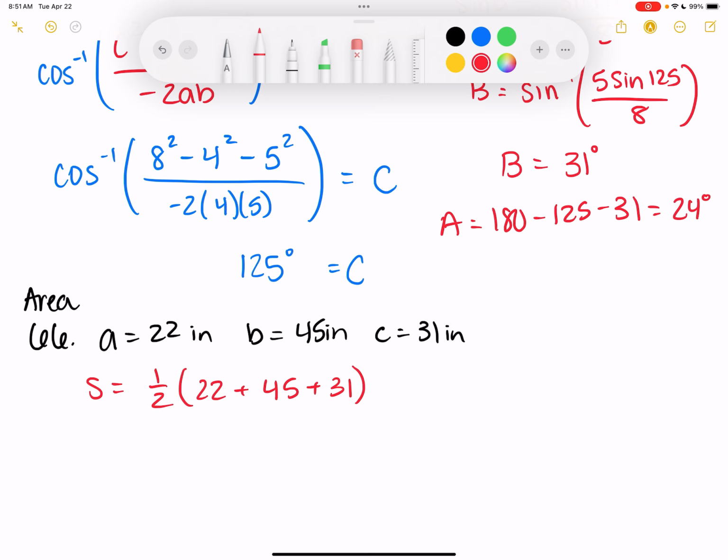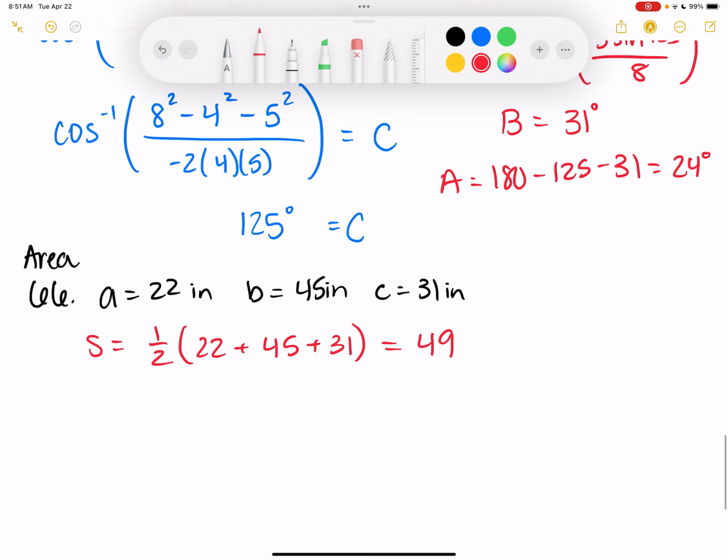Sometimes you end up with a decimal, like 0.5, because of being half of whatever. So that ends up being 49. But even when it's a decimal, it's just like 0.5 because it's half of it. So I would write it as a decimal, not a fraction.